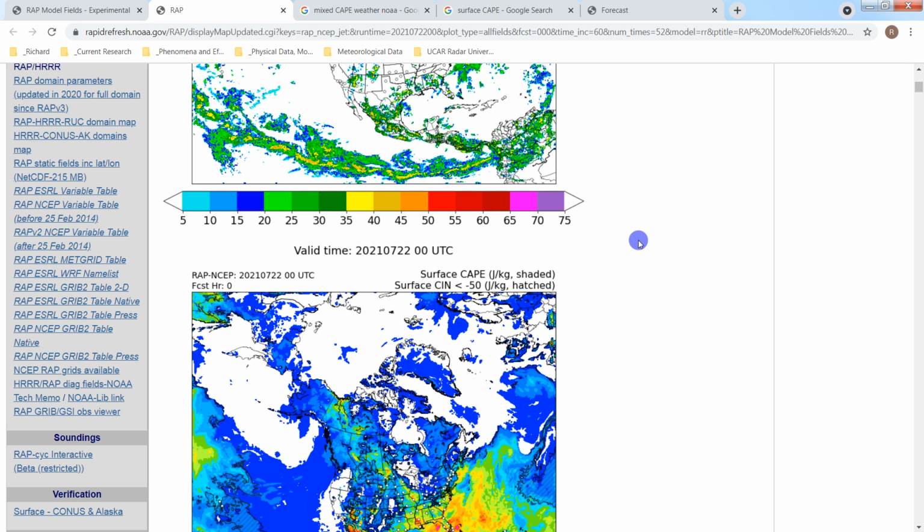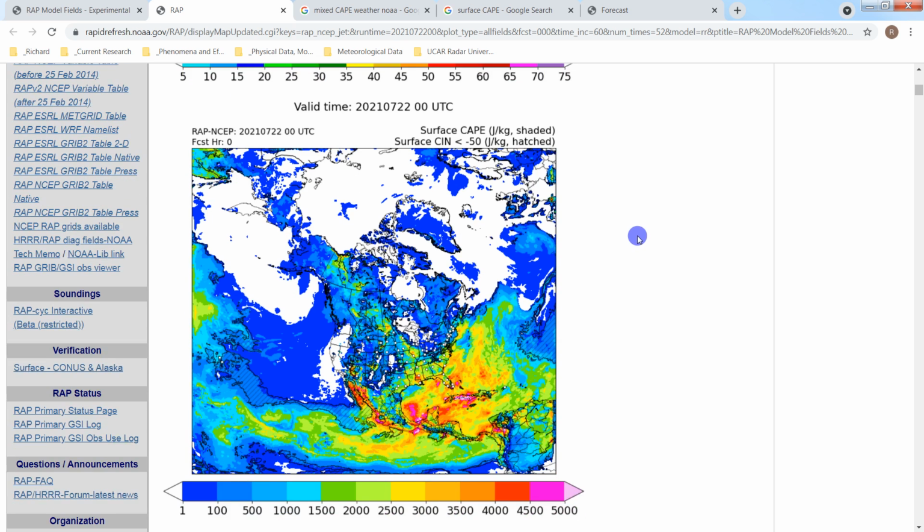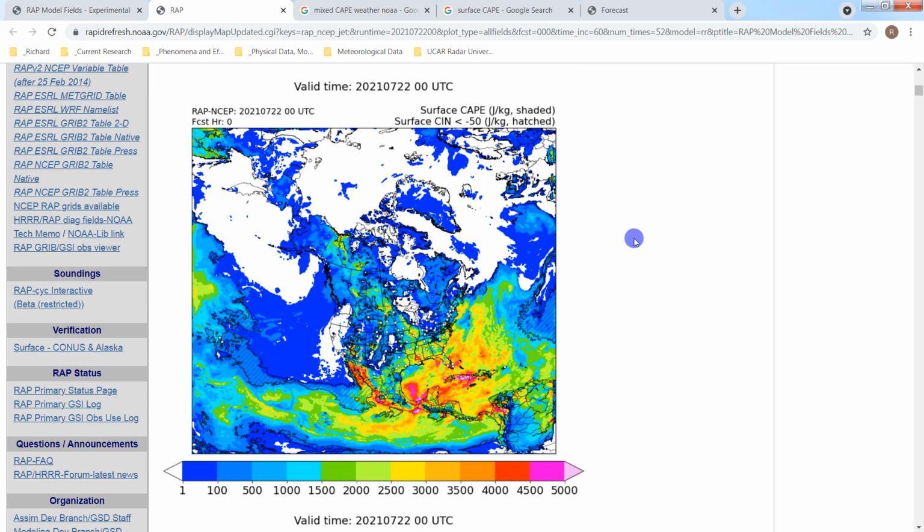So anyway, okay, so what do we got here? Surface cape, joules per kilogram, fine. Let me think about this for a minute. Joules per kilogram, now this is cool. The gravitational field of the Earth, the gravitational potential itself, is in joules per kilogram. Those are the units for potential. If I see joules per kilogram, I say potential.